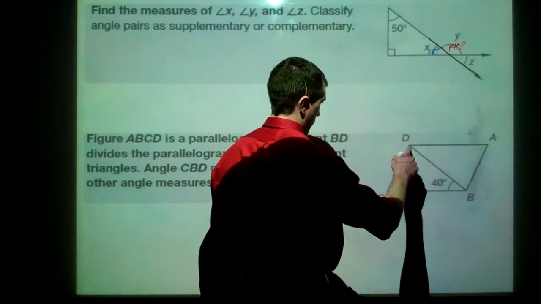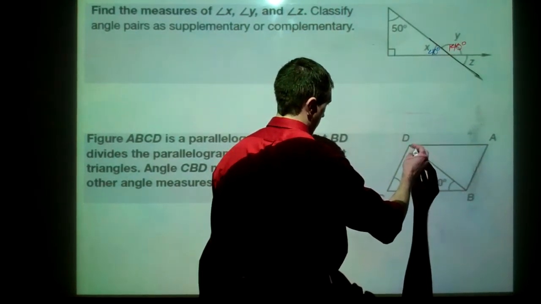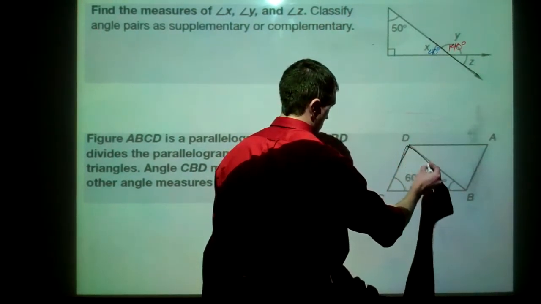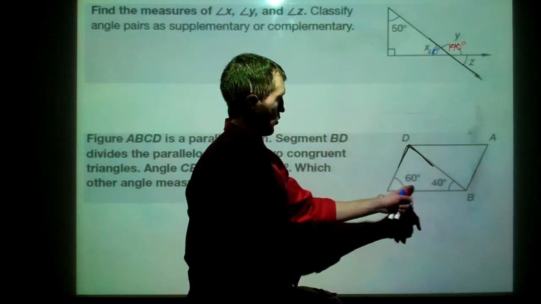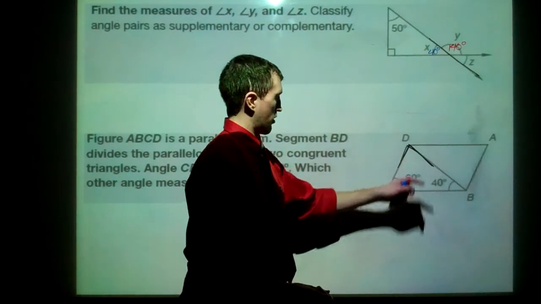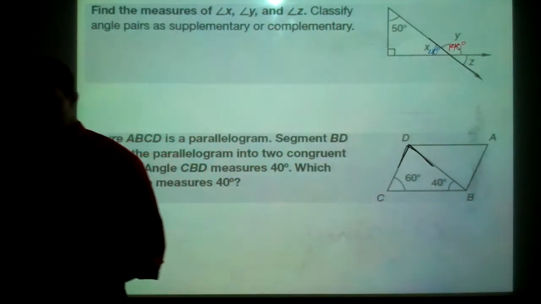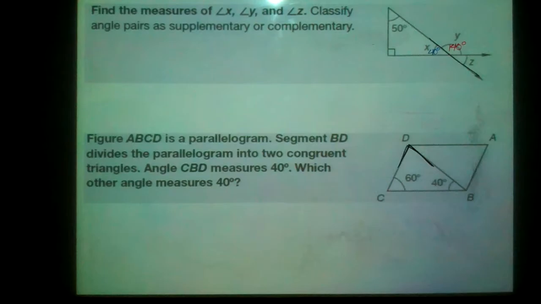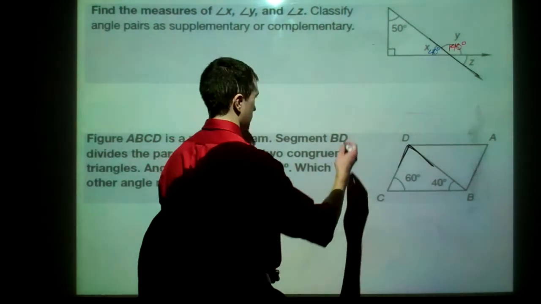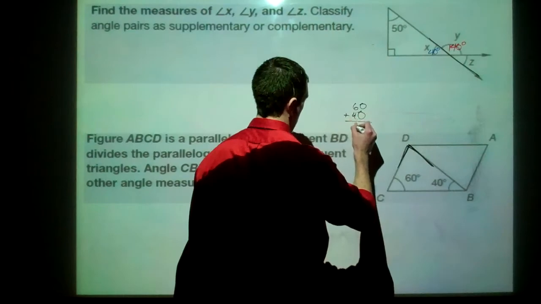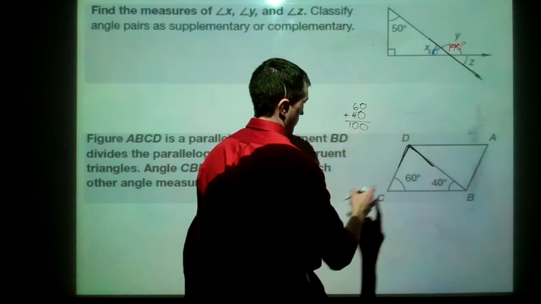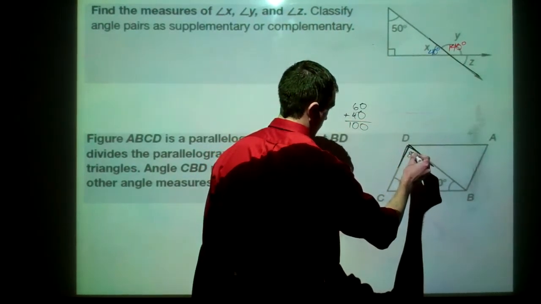Anyway, let's just find angle D here, or this one right here. We can find that angle because we know two angles in the triangle, and we're looking for one more. So 60 plus 40 is 100, and we know that it has to add up to 180 degrees. So this has to be 80 degrees.